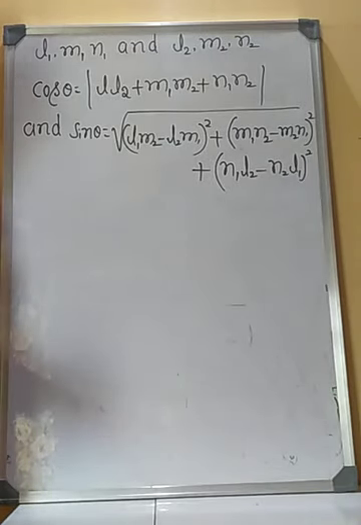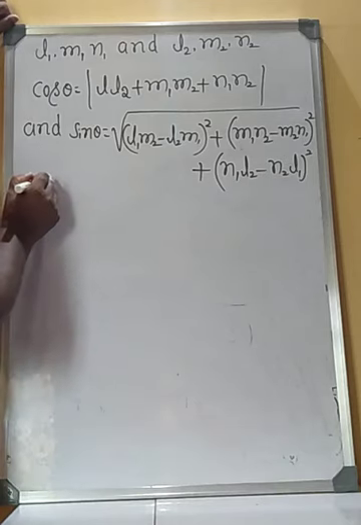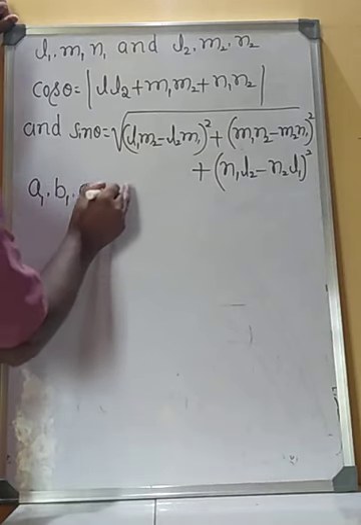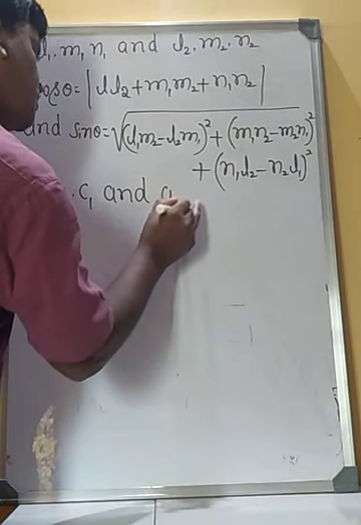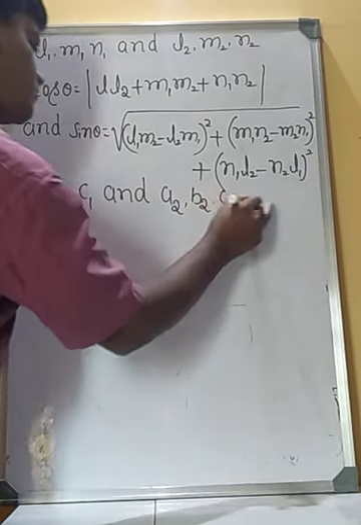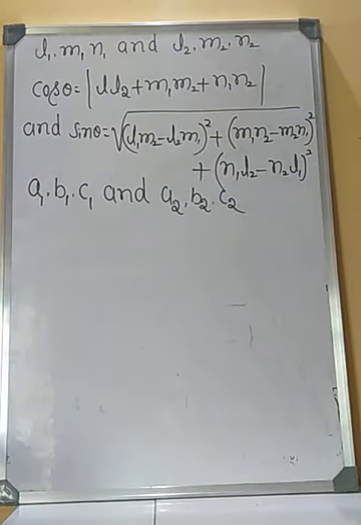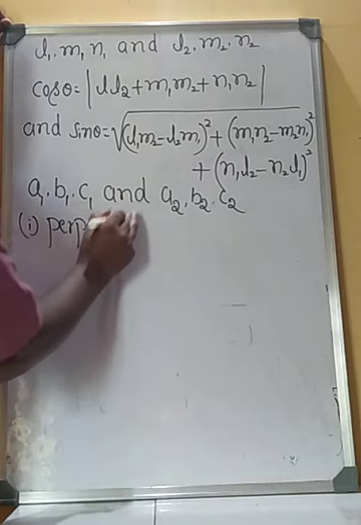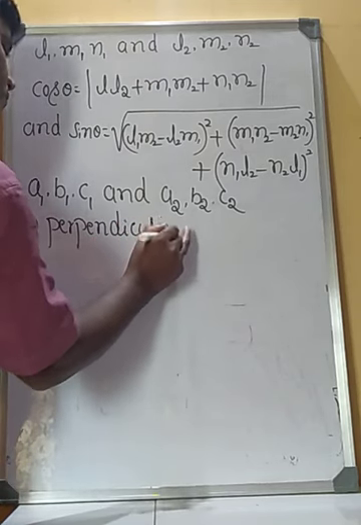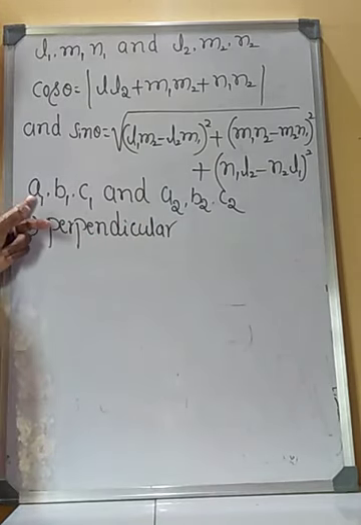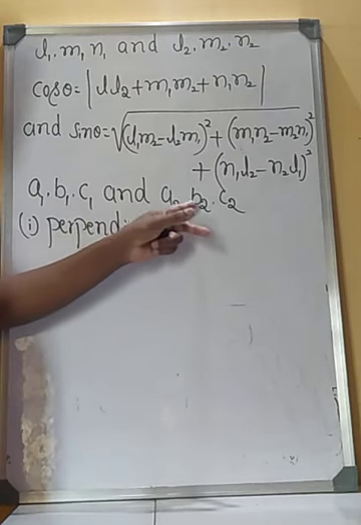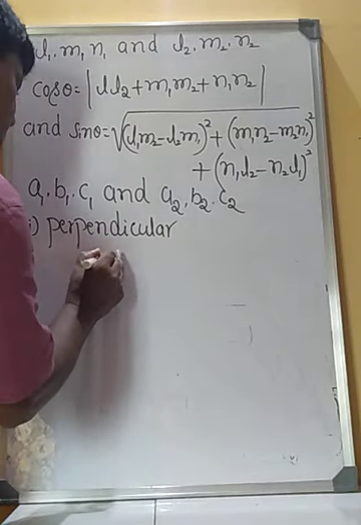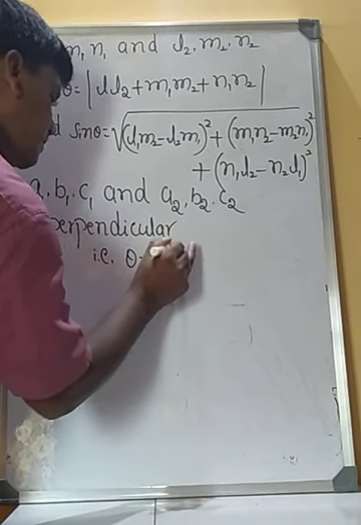Then two lines with direction ratios A1, B1, C1 and A2, B2, C2 respectively are, first one, perpendicular, that is theta equals 90 degrees.